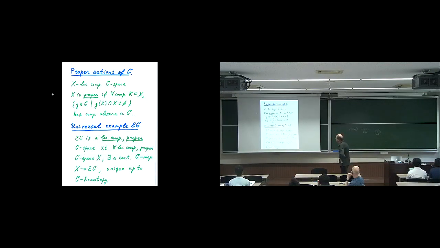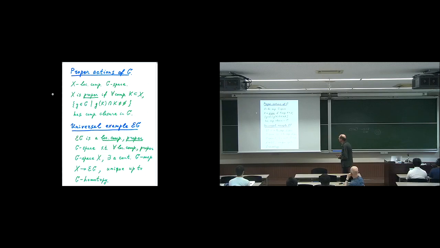Now, to go further, we need some topology, and we need the notion of proper actions. So if you have a locally compact space with the action of a locally compact group, then this is a proper space, or the action is proper, if each compact set is transformed to infinity by the group action.